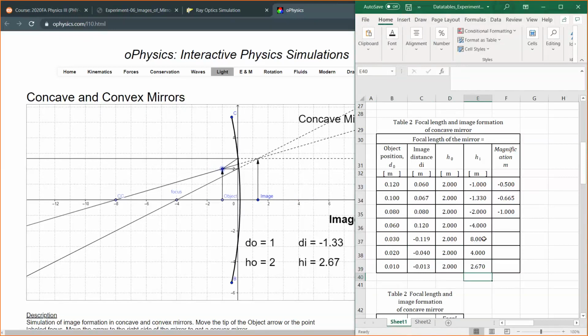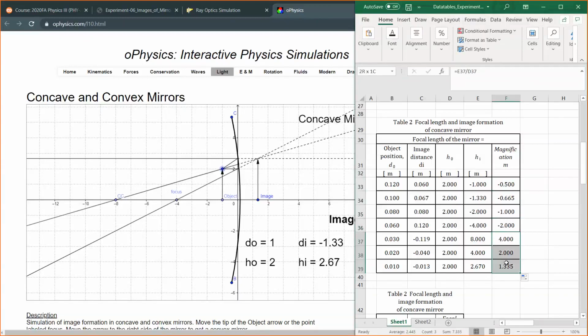Now you can see if I take the magnification, the ratio, that should show us how the size of the image is changing. Now the size of the image is actually very, very small, extremely small. You can see whenever the object is further away, and then it gets larger and larger and larger, inverted. At some point, when the object is at the focal point, the image goes to infinity, then reappears on the other side.